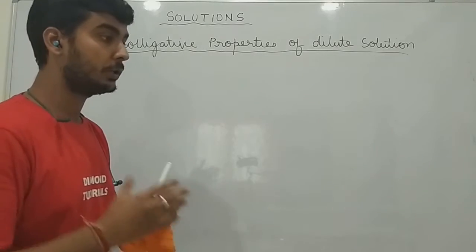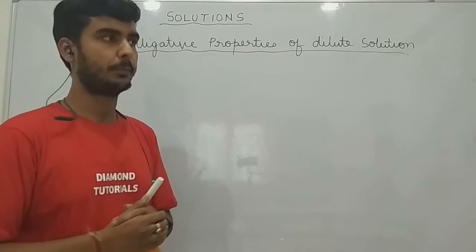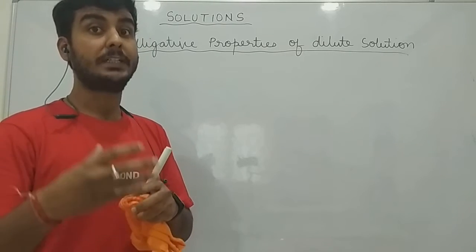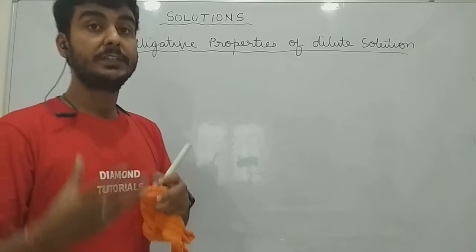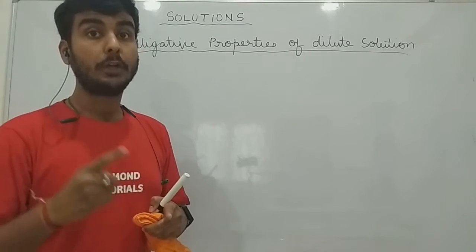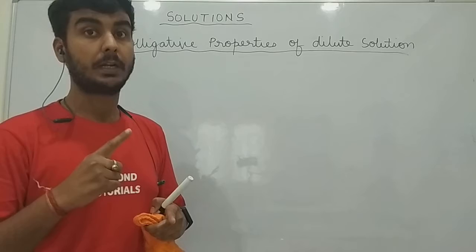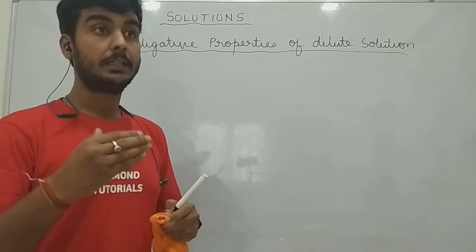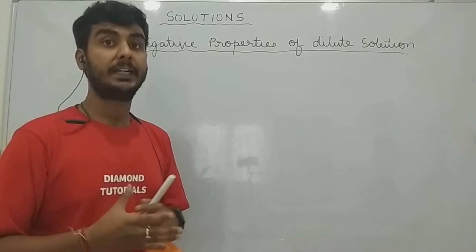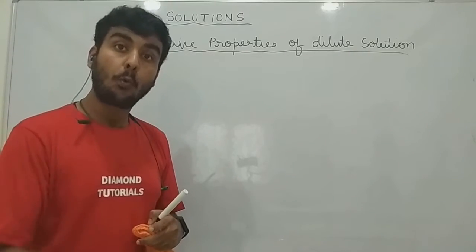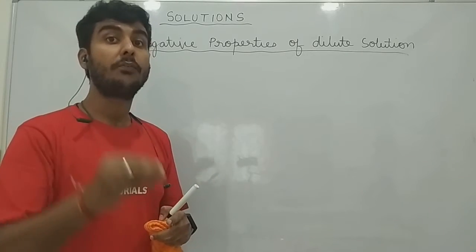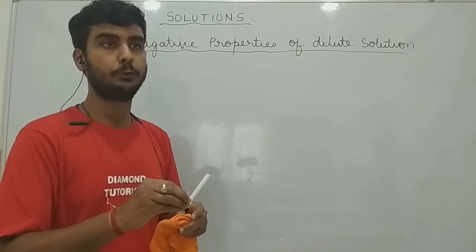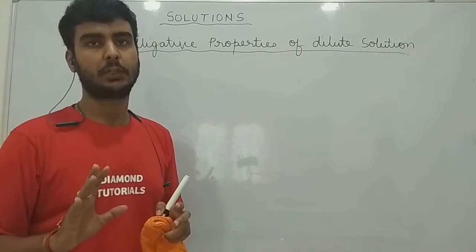Now let us talk about the colligative properties. What are colligative properties? Colligative properties are properties of a dilute solution in which a non-volatile solute is dissolved in the solvent, and these properties depend only on the number of particles of the solute present in the solution, irrespective of the nature of the solute.